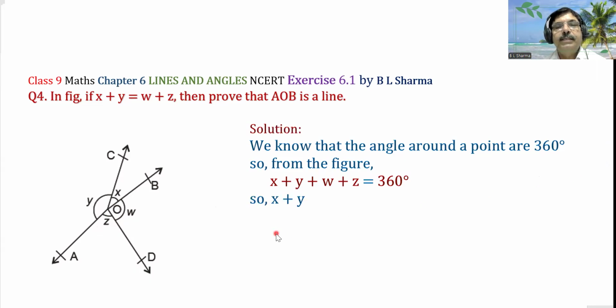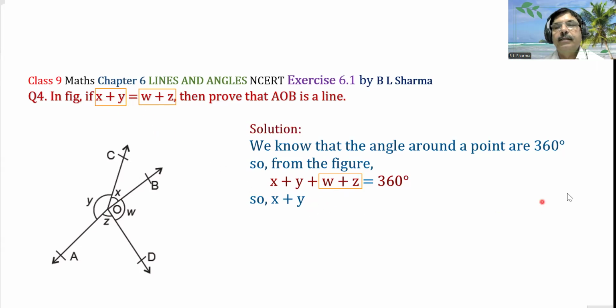x plus y as it is, but it is given that w plus z is equal to x plus y. So यहां पर w plus z की जगह आप लिख दीजिएगा x plus y here.